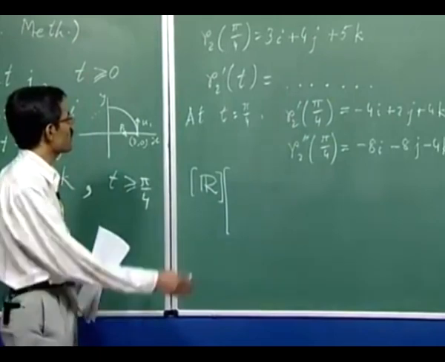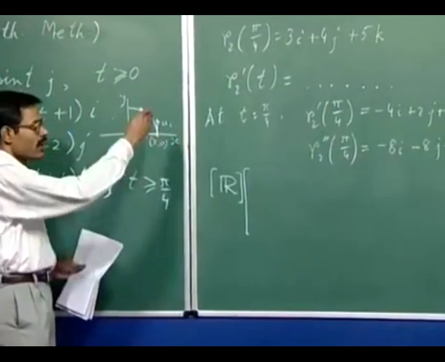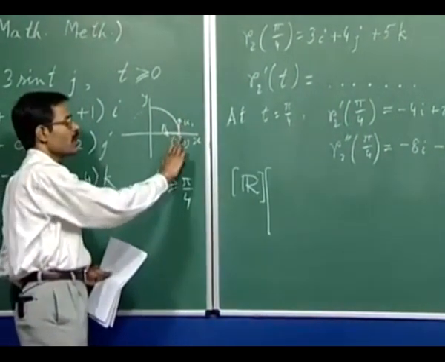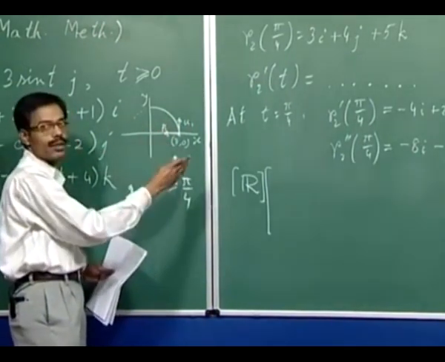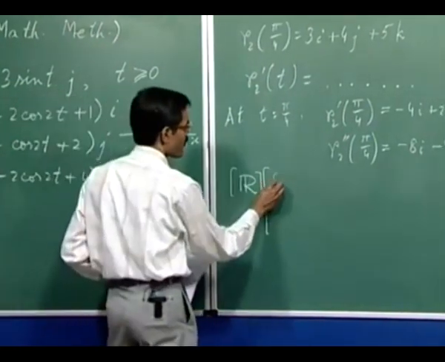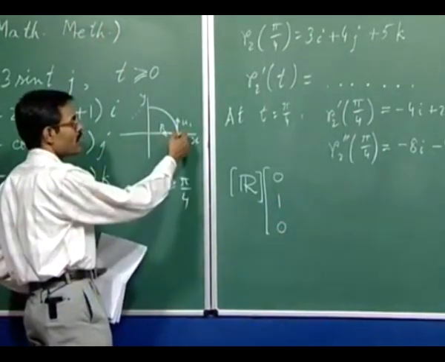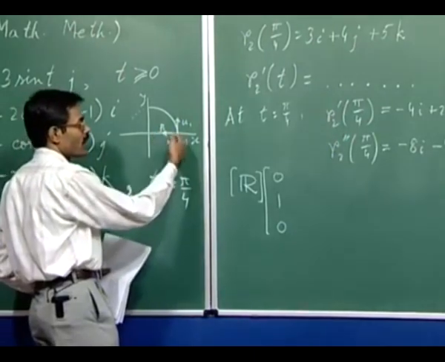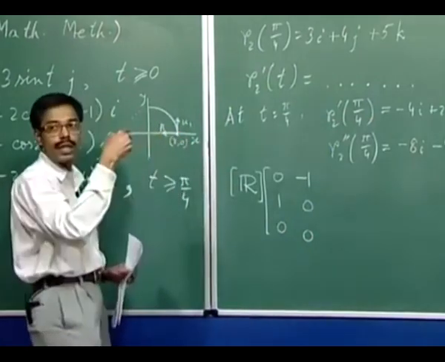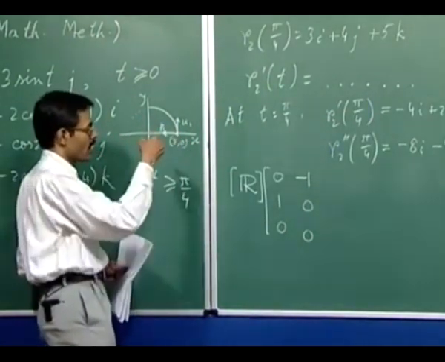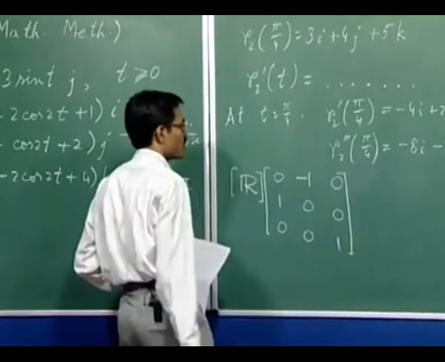Okay. So, R into U1, what is the column representation of this vector U1? U1 is j, that means 0 i plus 1 j plus 0 k. So, U1 is 0 1 0. Okay. P1 is minus i, that is minus 1 0 0, and B1 is the z vector k, that is 0 0 1. Okay.